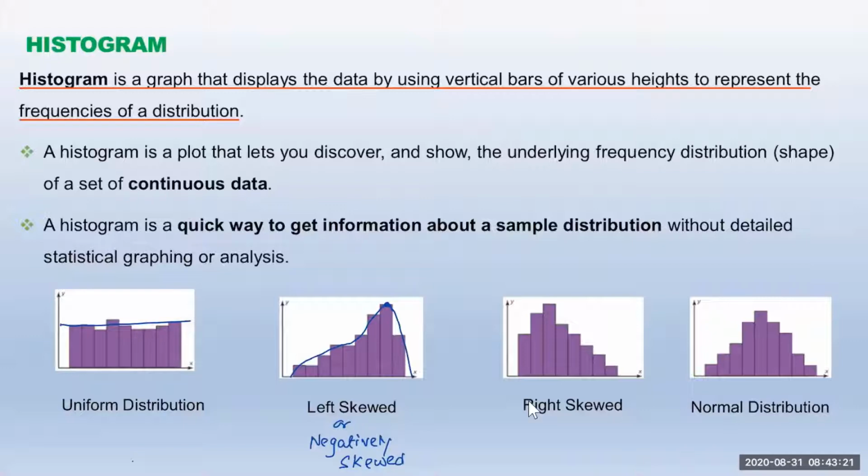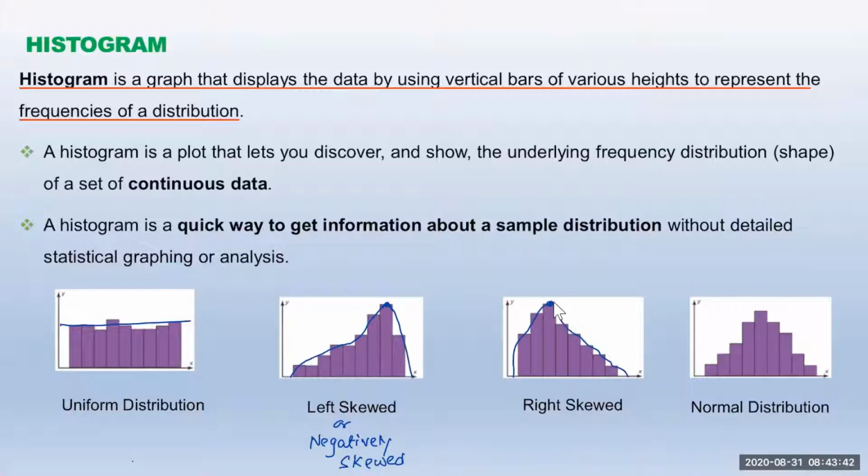If you look at this one, third graph, here is the tallest bar. From there, you draw the graph connecting the top of the bars like this, all the way down. That is the tail on this side. On the other side, if you try to draw, you can see towards the right you have the longest tail.